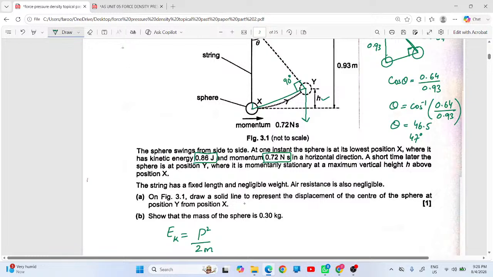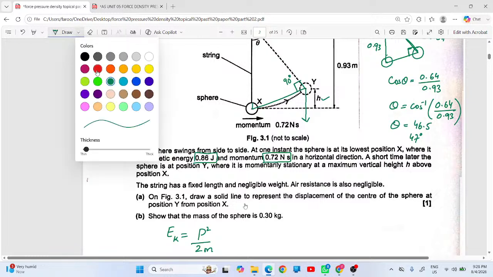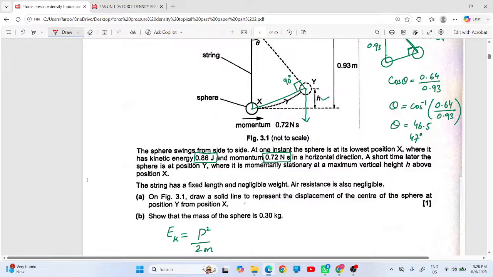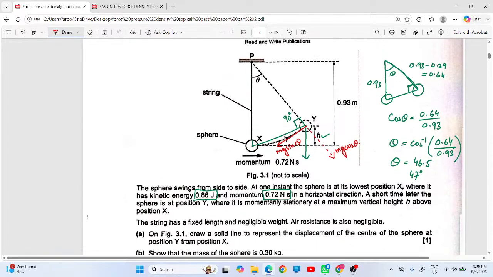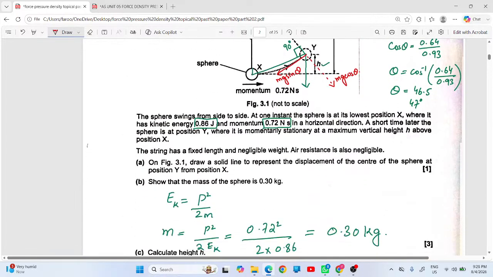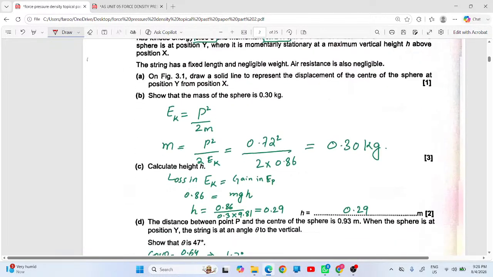Now we have to split the weight into their perpendicular components. The one component is this one, which is mg cos theta, and this one is the mg sin theta, and in moment we have to take a perpendicular component from the pivot. So mg sin theta is perpendicular with the pivot.